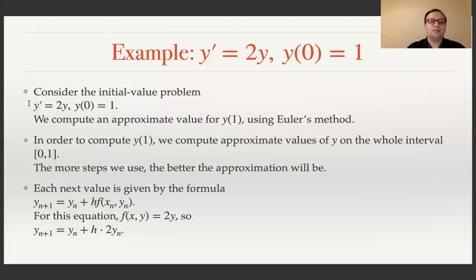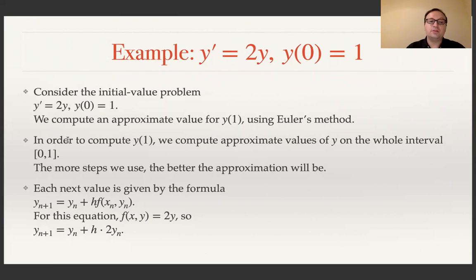Okay, so let's consider a concrete example. Let's consider this very simple equation that we already know how to solve. Y prime is equal to 2y with the initial condition y of 0 is equal to 1. And we want to use Euler's method to compute an approximate value for y of 1.